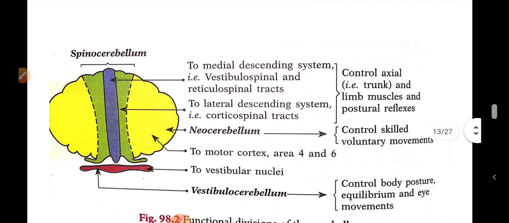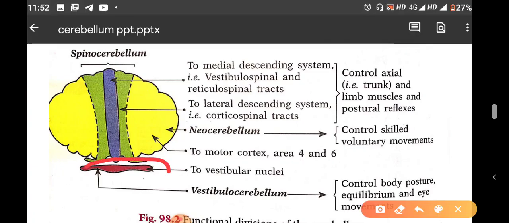Also, a functional division of the cerebellum is there. Functionally, the cerebellum is divided again into three parts, that is vestibulocerebellum, spinocerebellum and corticocerebellum or neocerebellum. The vestibulocerebellum includes the flocculonodular lobe, which is its principal component and has vestibular connections, mainly to the nucleus fastigius, its effector nucleus.